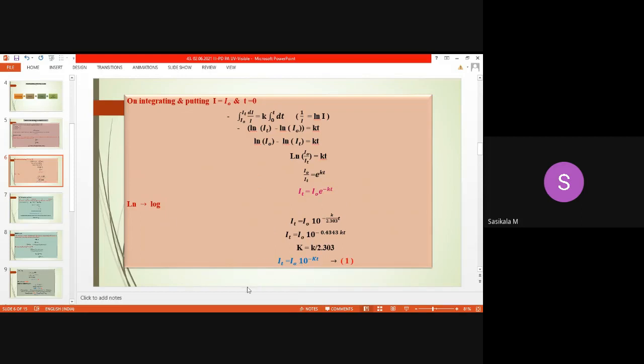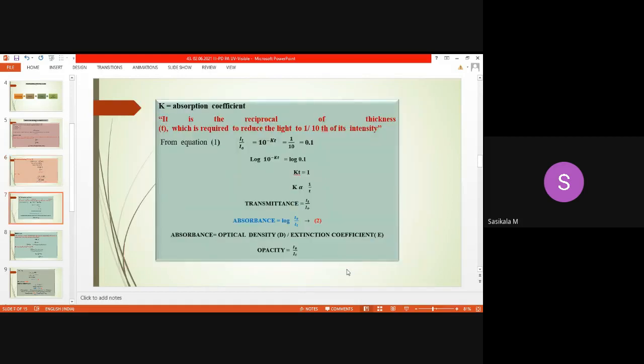Taking the logarithm again, you will get the first equation. This is Lambert's law. From Lambert's law you can define transmittance as IT divided by I0, the intensity of transmitted light divided by the intensity of incident light.